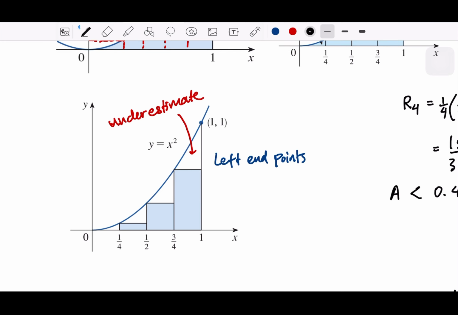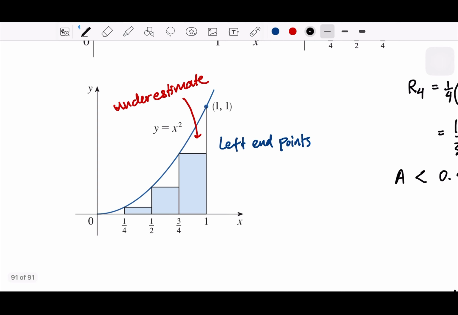Now to combine these two, to see what is in between, we could do the same thing. We take the distance and multiply with the height. We could take this as L4. L is for the left, so it's the left endpoints rectangles. So 1/4, we could start from 0, so let's take 0 squared like that. Although we could skip that, let me just write that for you. Plus 1/4 times 1/4 squared.